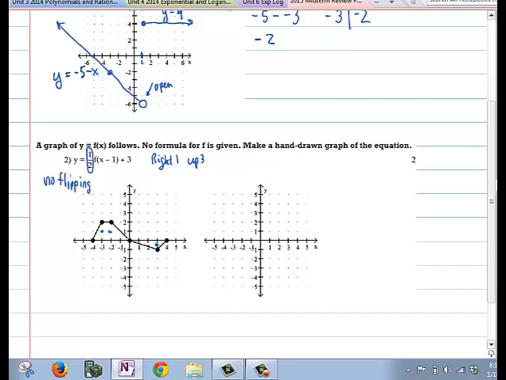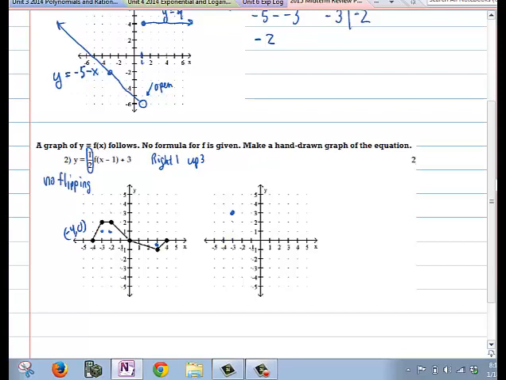So what I first suggest that you do is first take care of the transformation. For example, right here we have a point that's at -4, 0. That point is going to move right 1, up 3. So I'm going to go from -4, right 1, up 3, and that will be the new location of that point.